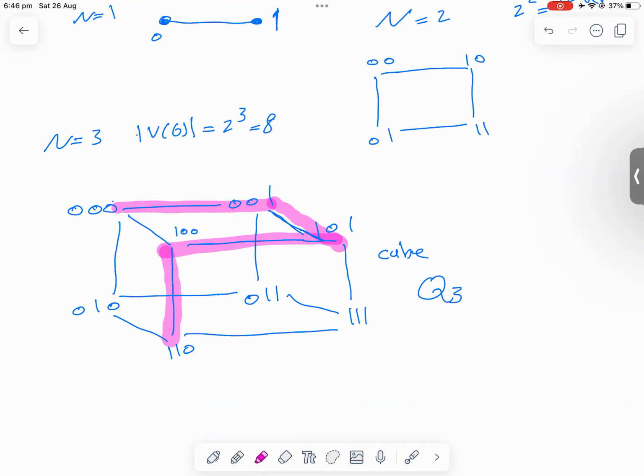Then probably we can go maybe here or here, so let's make it complicated here. Then we can go here, 0, 1, 1, and then here, and then we can come back home. Awesome, we finished with this one. And this is the Hamiltonian cycle.